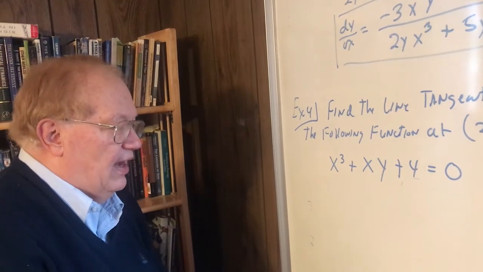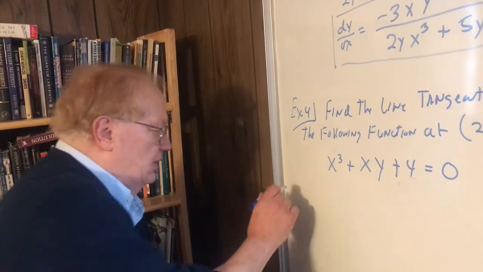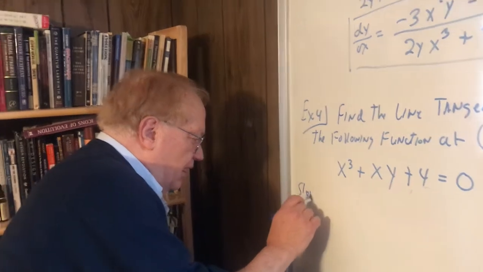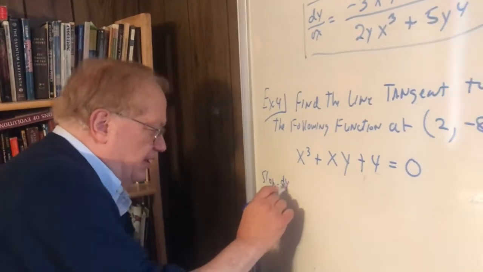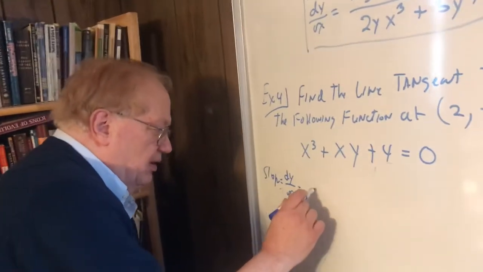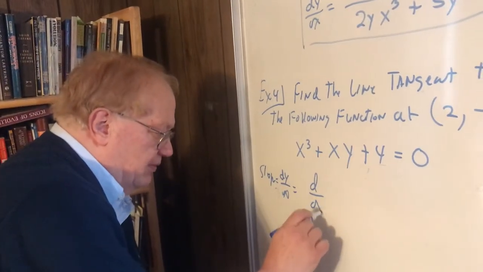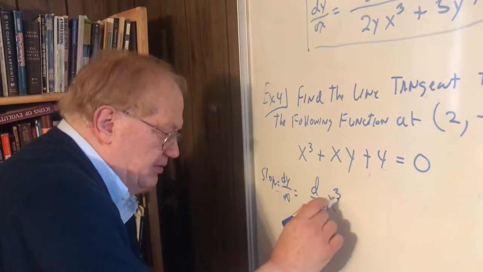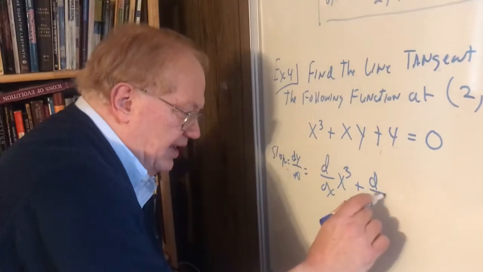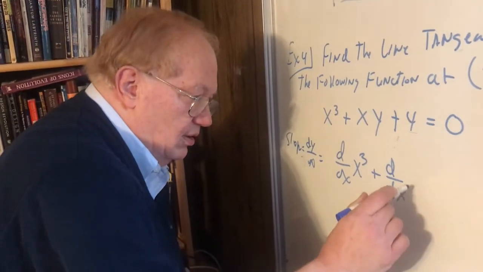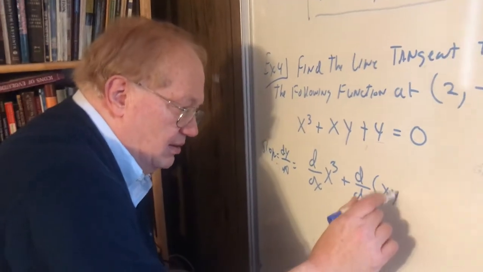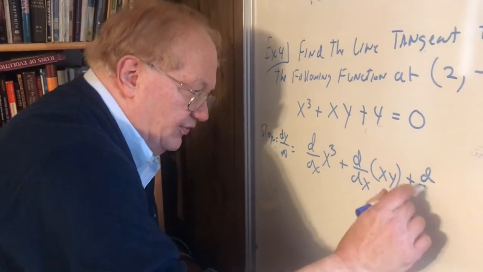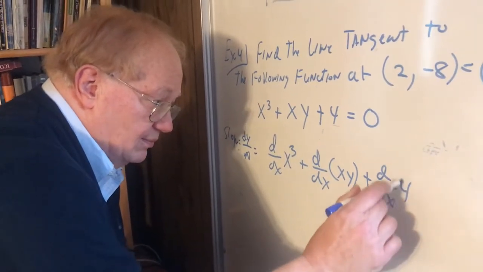So we want to find the slope. The slope of this straight line is going to be dy dx, which is d dx of x cubed plus d dx of x times y plus d dx of 4.